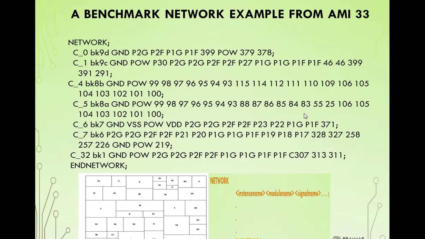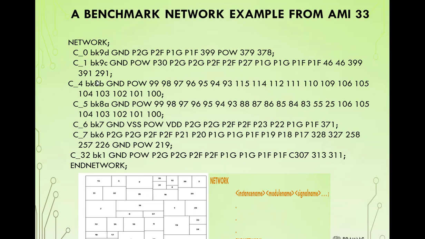The network example from AMI 33 has been taken here. This network is for the parent cell, and it defines the various submodules that are connected to each other through various signals. I have taken the syntax for convenience. The syntax was network instance name, meaning for every module we give the instance name and then we define the various signal names.